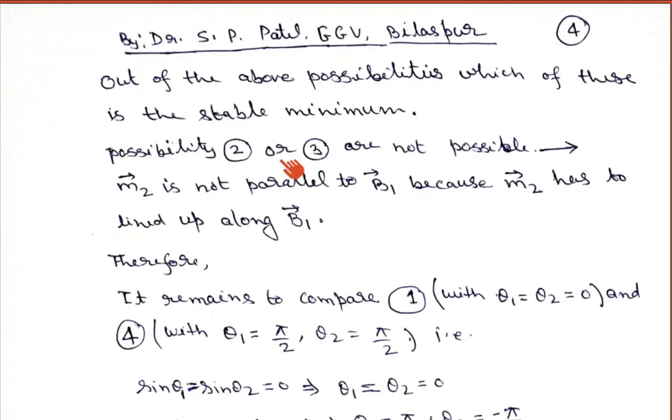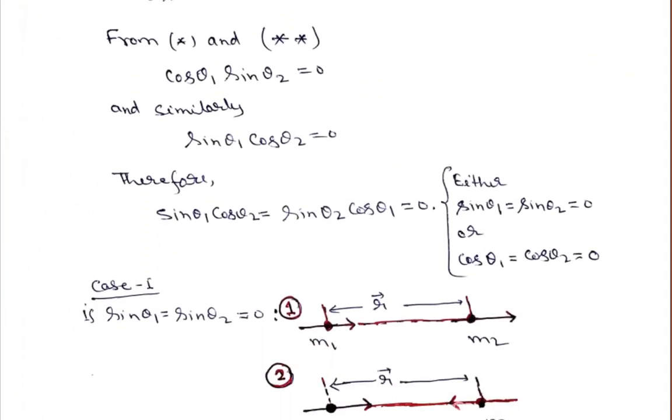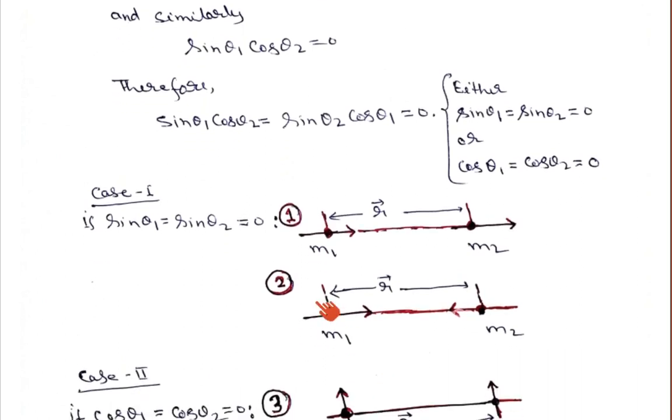So in case of the second and third possibilities, if you see here, obviously the magnetic field because of M1 will be along this direction, and M2, we have calculated, its magnetic field is also along this direction. So in this case, M1 and M2 align in the same direction of the magnetic field.